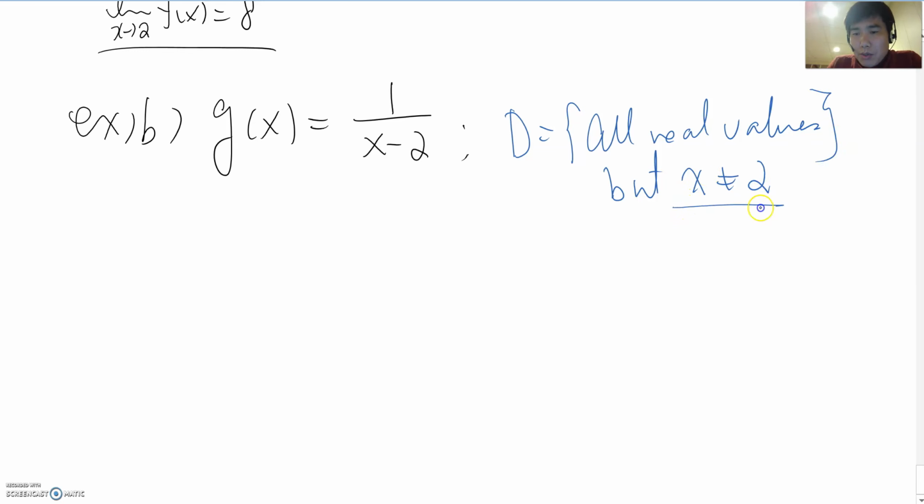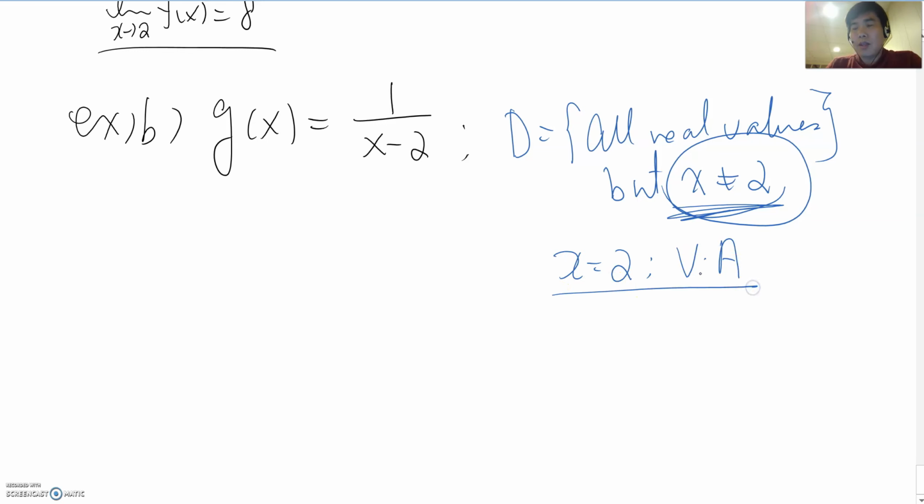Because if x equals 2, this fraction becomes undefined. So what do you call the line x equals 2? Yes, this is our vertical asymptote. Last time we talked about how this vertical asymptote divides two different groups: on the left side, which means the negative side, and on the right side, which means the positive side. So far so good?